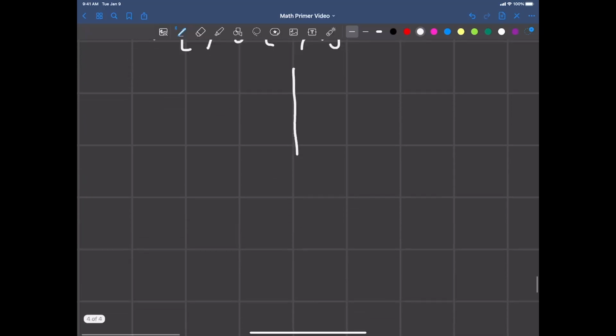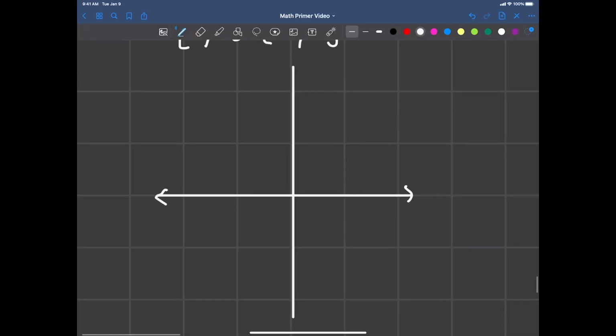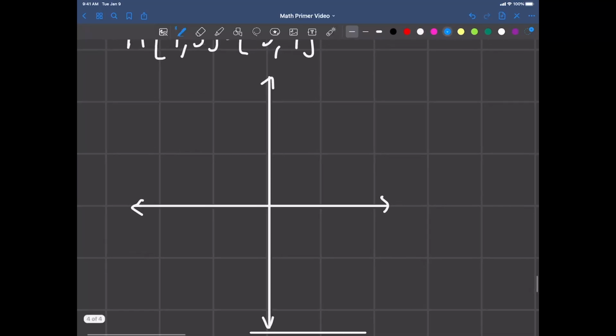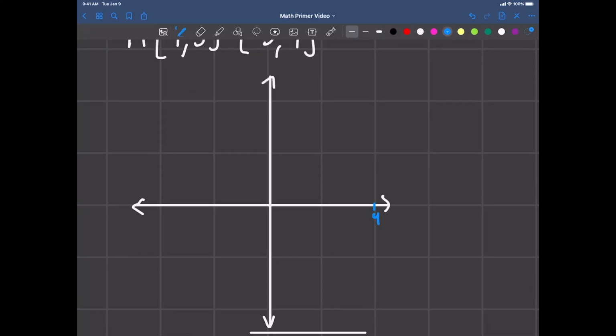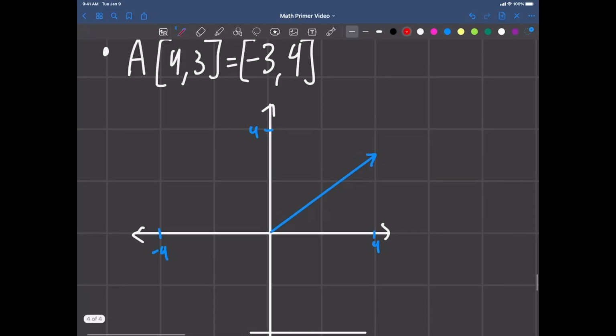Let's graph this out. If we graph 4, 3, we get this vector, and negative 3, 4, we get this.